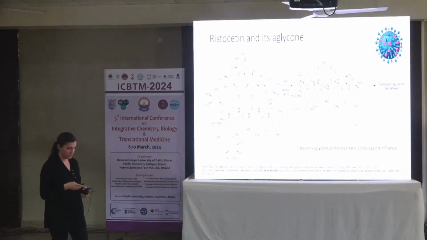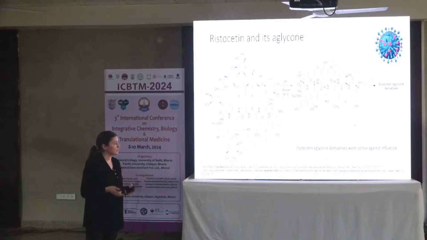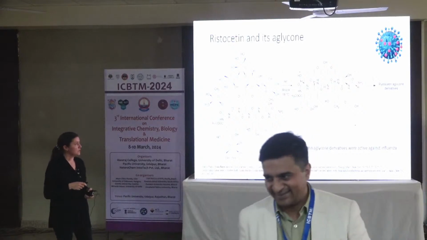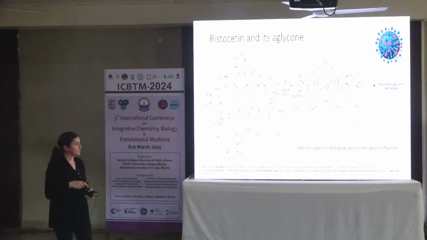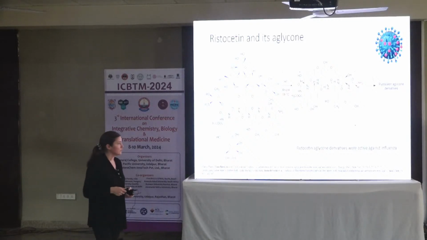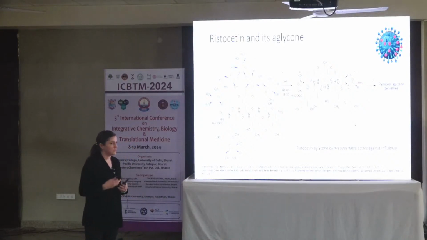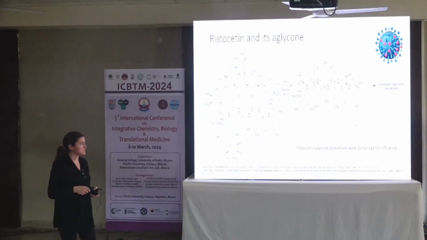We eliminated the sugar moieties from the molecule because these are responsible for the platelet aggregation property, and we got this aglycon, which has antiviral property, and it retains the antibacterial properties as well.